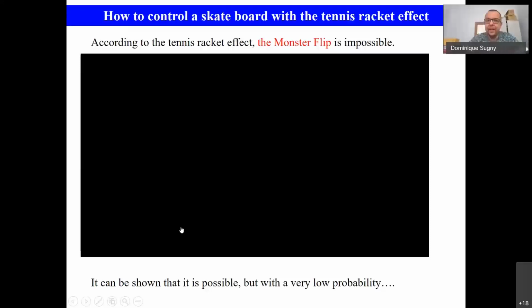Even if it's not in agreement with the tennis racket effect, it's possible, but only with a very low probability. In other words, we need a very specific position and a very specific speed for the skateboard in order to realize this monster flip effect and to avoid the tennis racket effect.